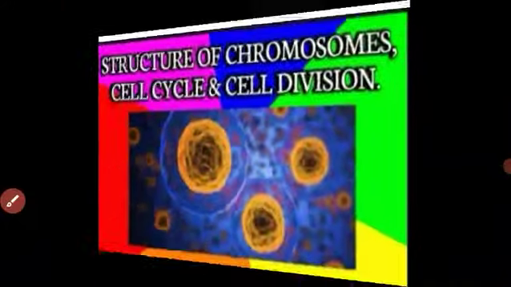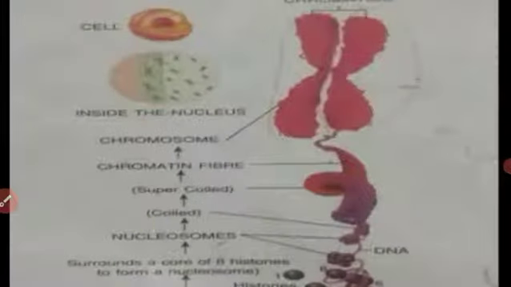But during cell division, these chromatin fibers are highly coiled and condensed and form the chromosome. Let us revise. See, students, in my last lecture I explained that in our body there are millions, trillions of cells, and each cell has a nucleus.